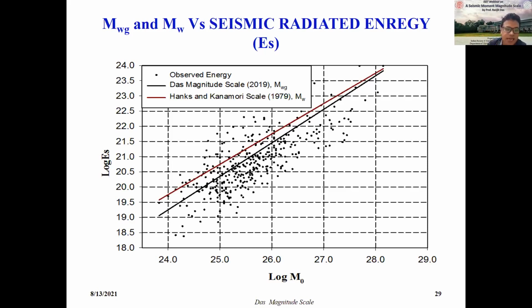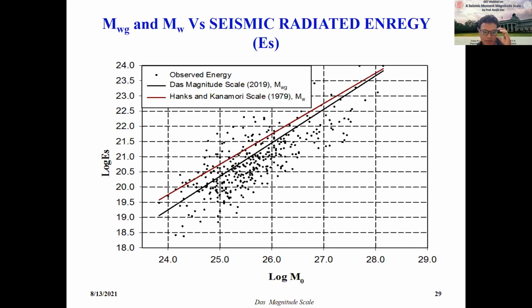We found the DM scale, that is this black one, is in the middle of all this observed data. So this clearly indicates that this scale is very close to the energy magnitudes also. But the Mw scale does not have very good agreement in case of energy.